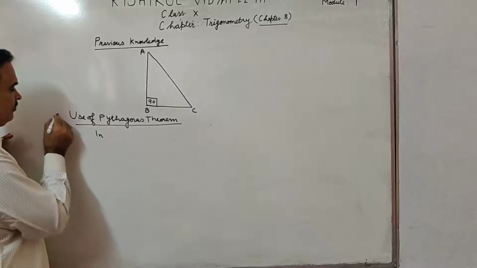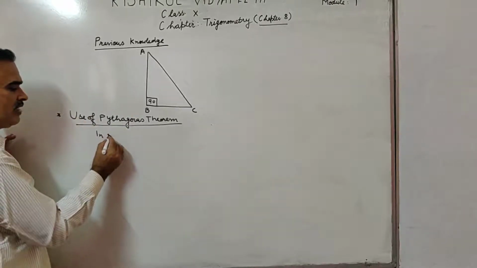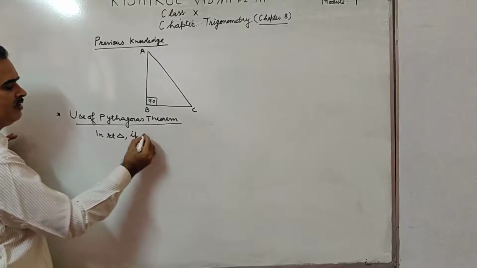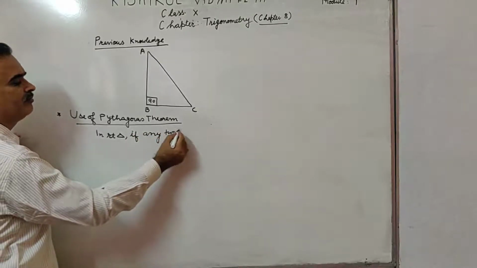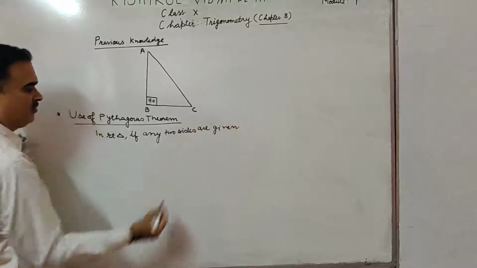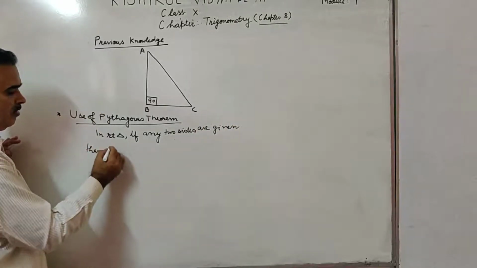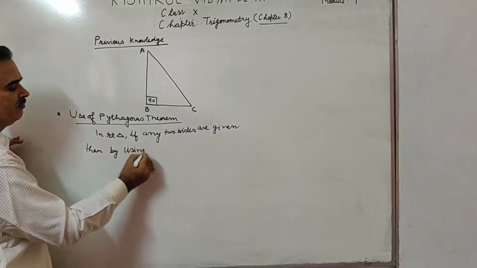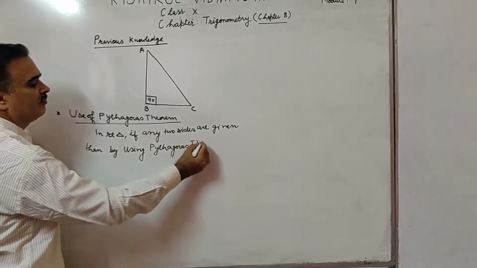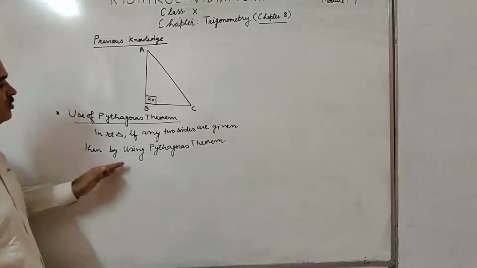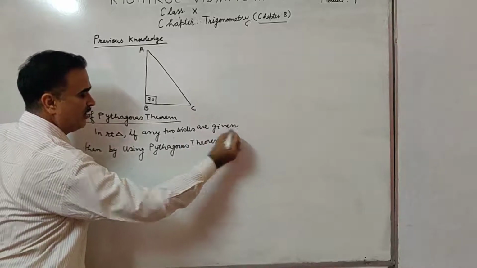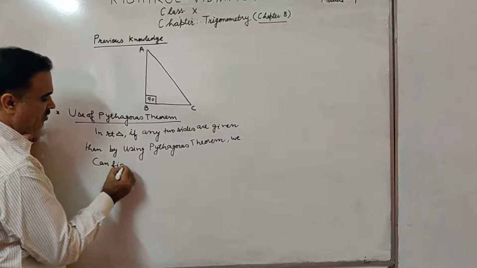This is the first basic I am repeating. In right triangle, if any two sides are given, then by using Pythagoras theorem, we can find the third side.